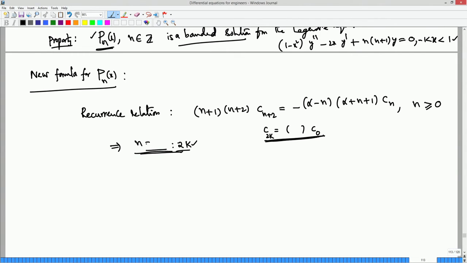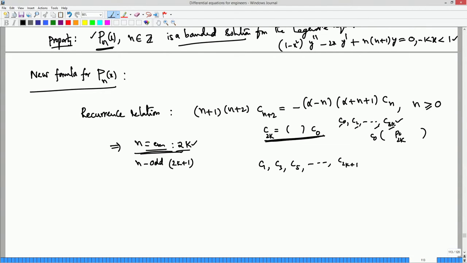If n is odd, say 2k plus 1, you start with C1, and take only the odd coefficients C1, C3, C5 up to C2k plus 1. In the even case, I can write C2k up to C2 in terms of C0, so you have a coefficient C0 and a polynomial of degree 2k.